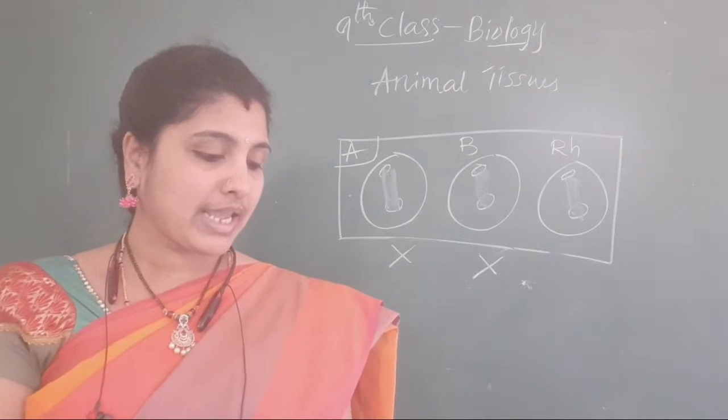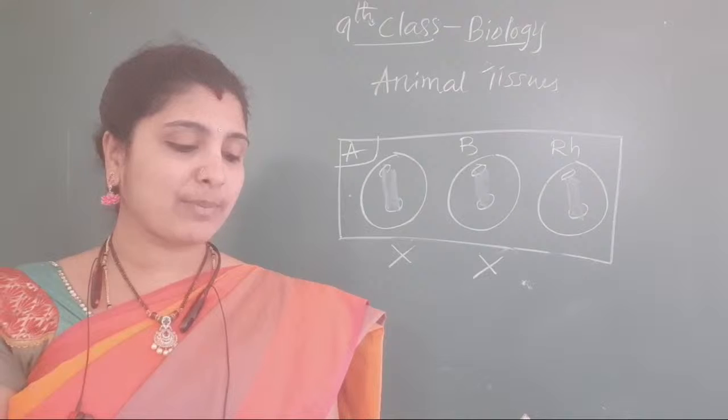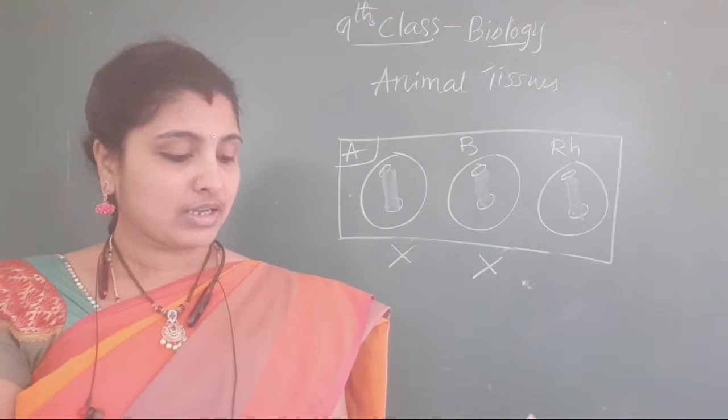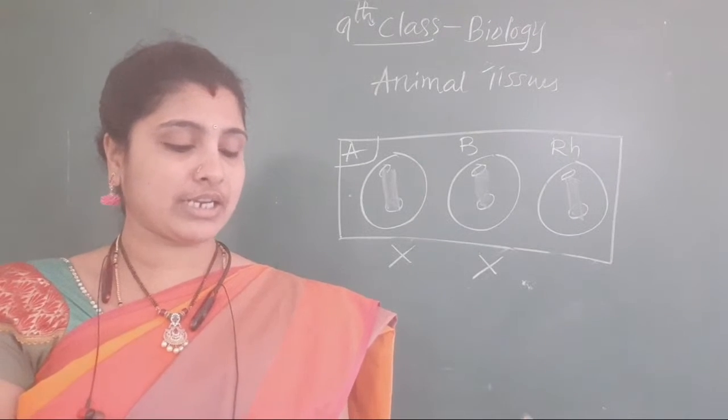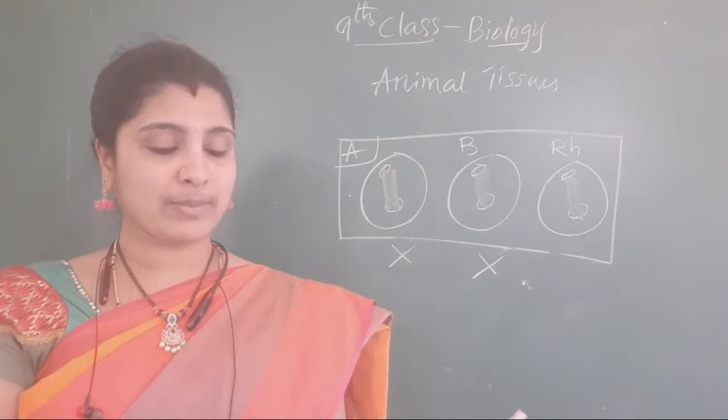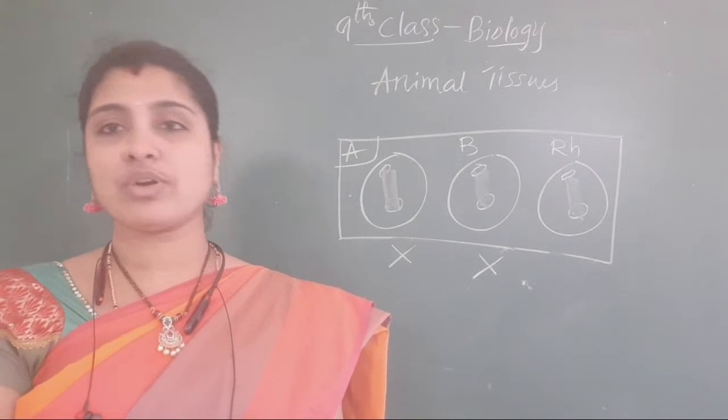What is that? AB group human beings can receive blood from any other group, hence they are called universal recipients. O group people can donate blood to any other group, so these people are known as universal donors.